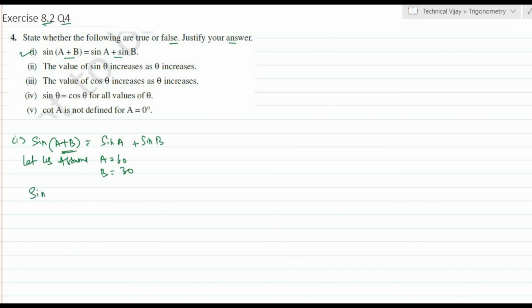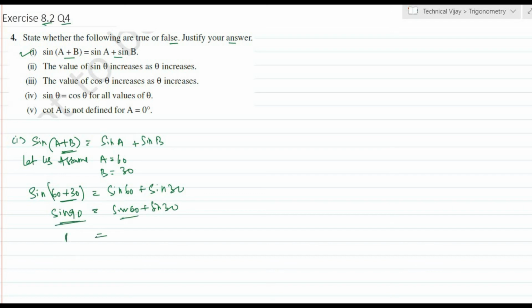So sin of 60 plus 30 is equal to sin of 60 plus sin of 30. So this is sin 90. Sin 90 is equal to sin 60 plus sin 30. So we will substitute the values. Sin 90 is equal to 1.